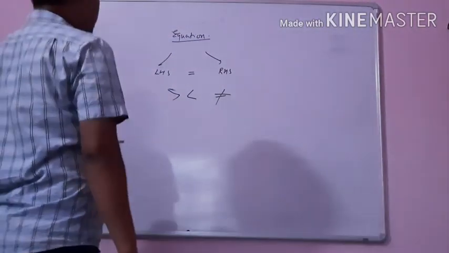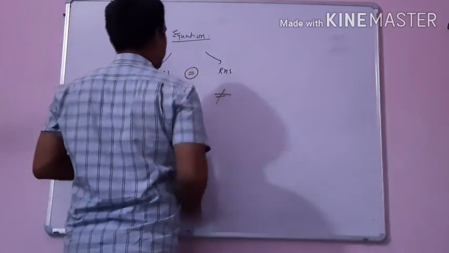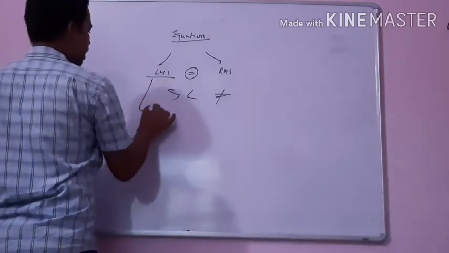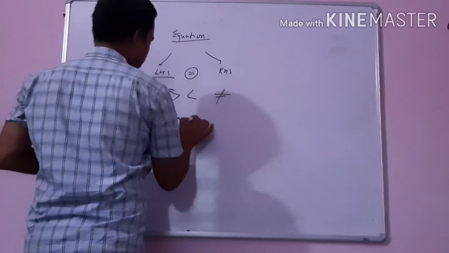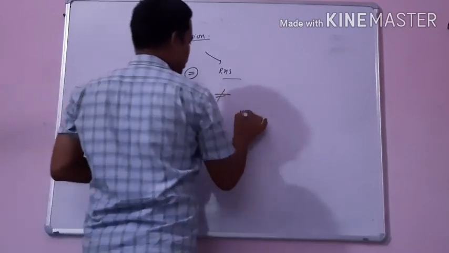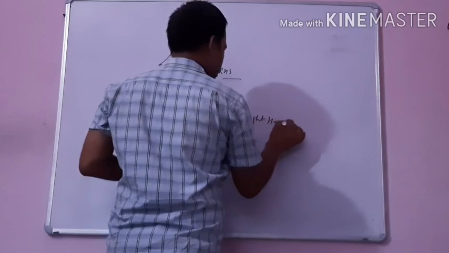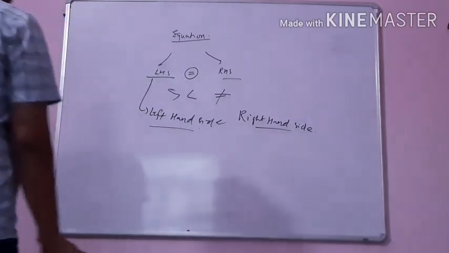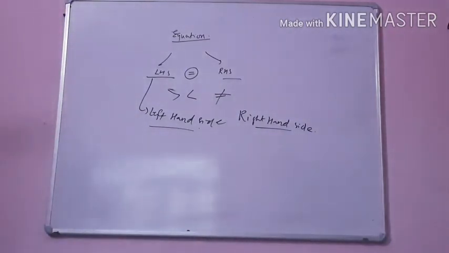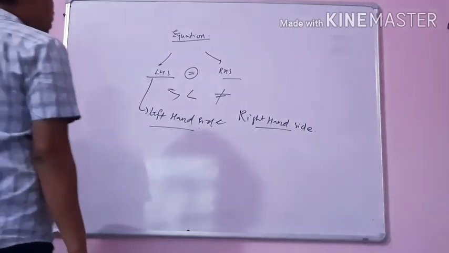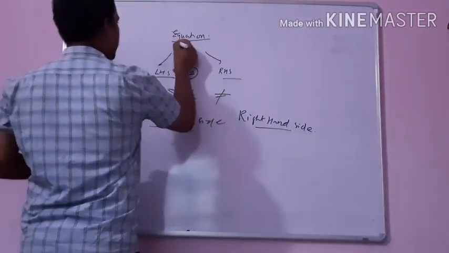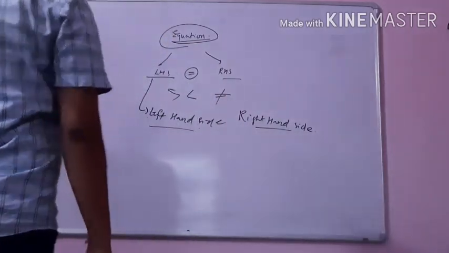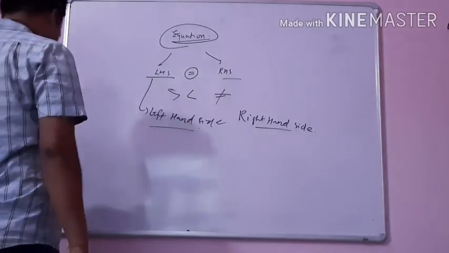For an equation, the equal to sign must be there. LHS is the left hand side and RHS is the right hand side. Both sides must be equal. If they are not equal, then it is not an equation. That condition is LHS equals RHS.